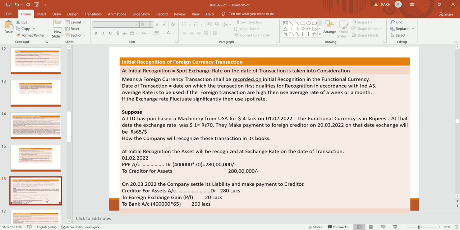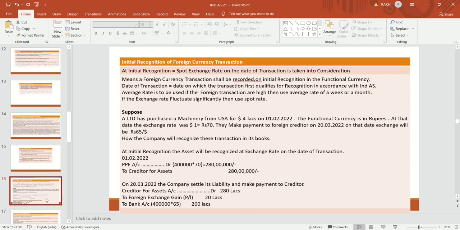Average rate is to be used if the foreign transactions are high. If the transactions are high during the year, then they will not take the day-to-day exchange rate. They will select the monthly average rate, half-yearly average rate or quarterly average rate, whichever average rate they select for calculating their settlements.